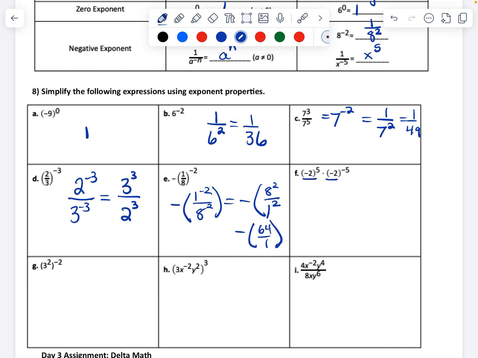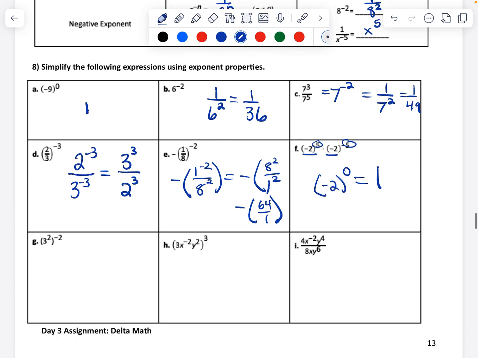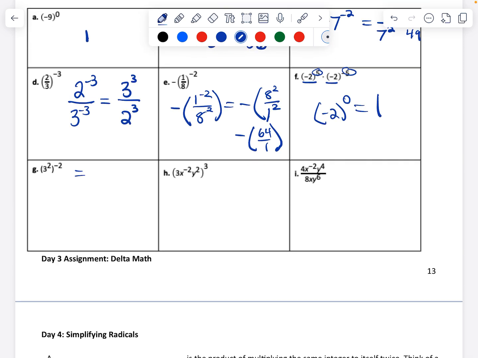Let's see, bases are the same, so we add those. So negative 2 to the 0, which is just 1. We multiply, so 3 to the negative 4, so 1/3 to the 4th. We distribute that, so 3 to the 3rd, x to the negative 6, y to the 6, and that's negative, so we have to flip that to the bottom.